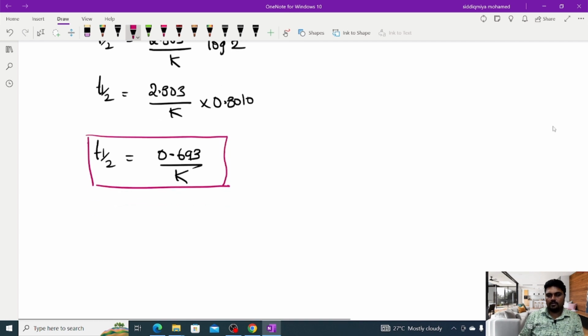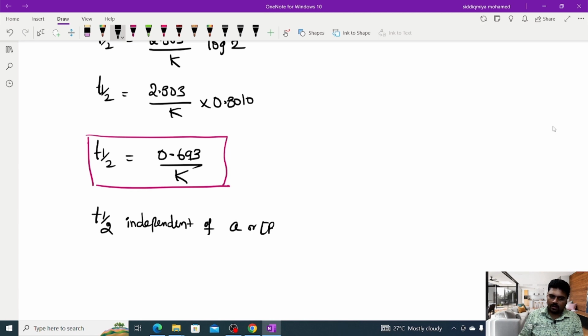From this you can understand that in zero order, T half was directly proportional to A. Here T half is independent of initial concentration, independent of A or R naught. You can see in this formula T half is equal to one number, 0.693 by K, so it is independent of initial concentration.